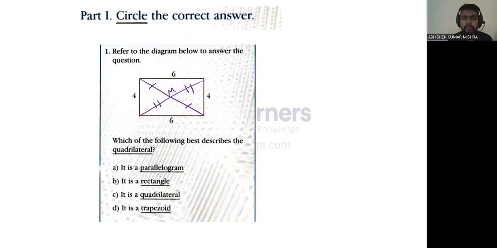They are not congruent to each other. Again, let me name this parallelogram ABCD. Here AM is congruent to CM, DM is congruent to BM, but AC and BD are not congruent to each other.